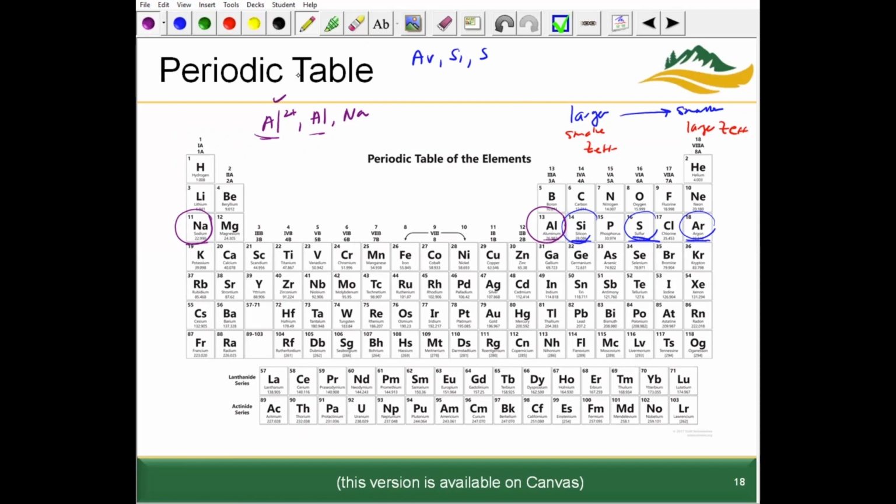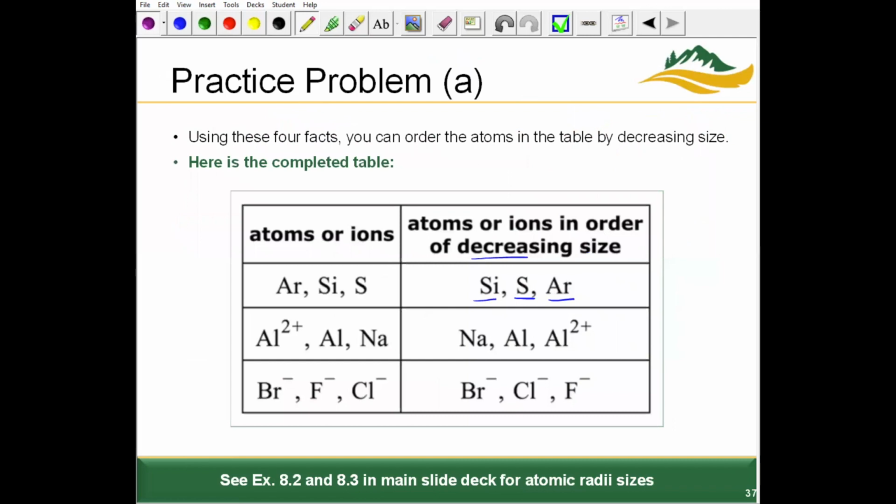Less electrons, the smaller the atomic radius, the cation is always smaller than the parent form of the atom. So sodium, then neutral aluminum, then the cation form of aluminum.